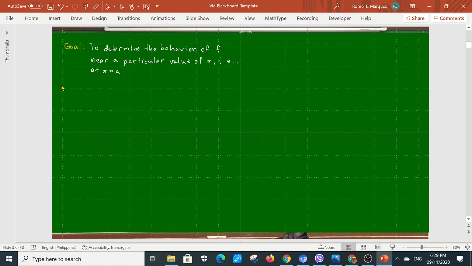So example number 1. Investigate the behavior of f of x defined by x plus 2 near x equals 2.